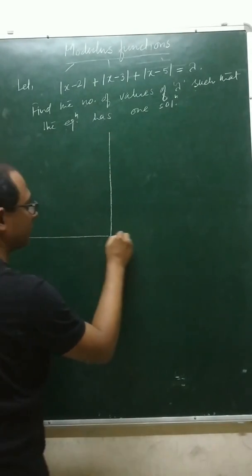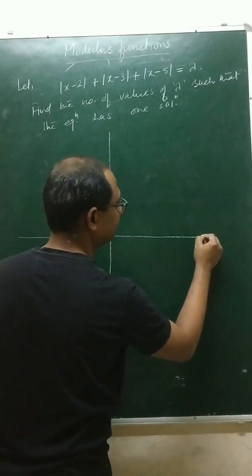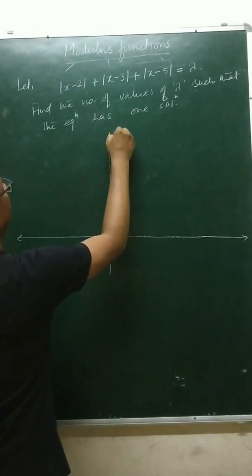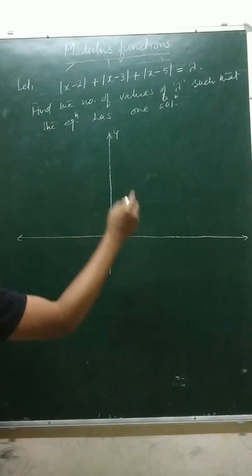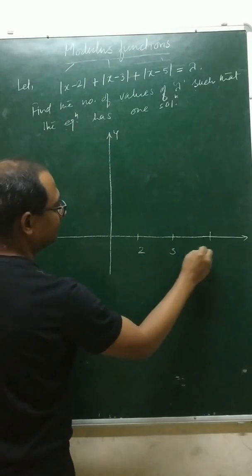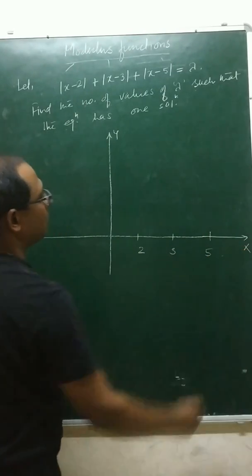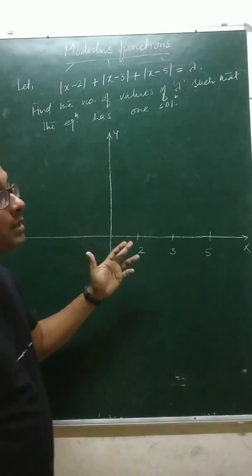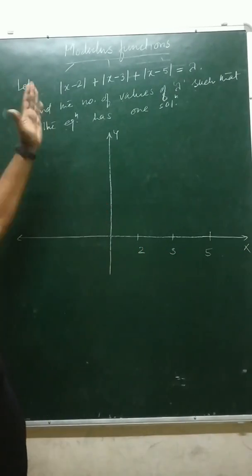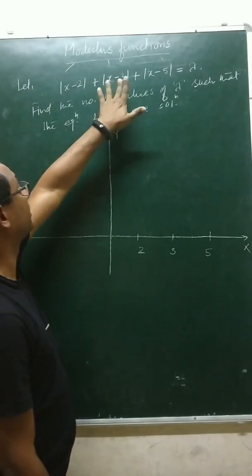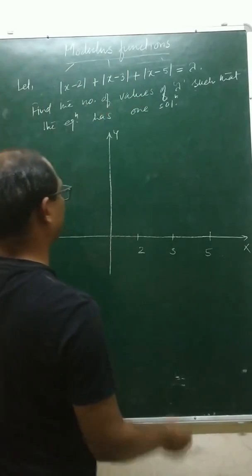The critical points are 2, 3 and 5. Then what to do? We'll check the values at each of these critical points of the left hand side. At x equal to 2, I'm going to get 1 plus 3, that is 4.